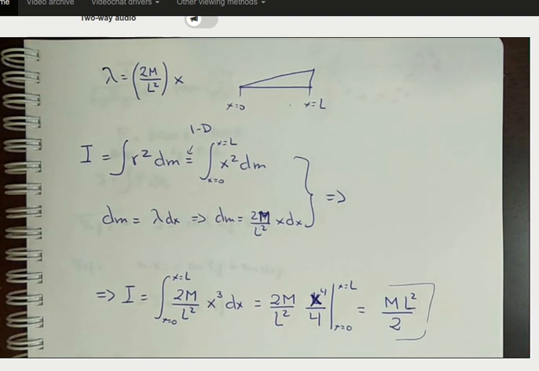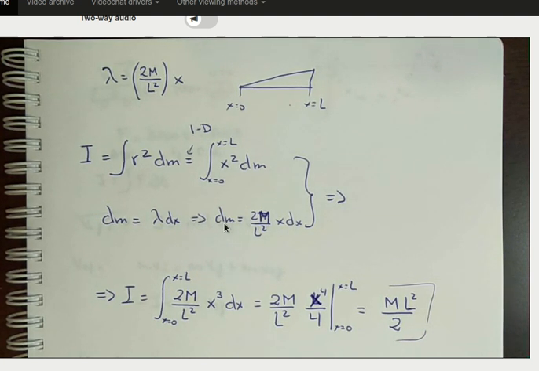In this case, we compute the rotational inertia as usual. This is the usual formula. It's in 1D, so it's just linear and we only consider x. On the other side, we have this linear density, which we substitute for lambda, and we get this.